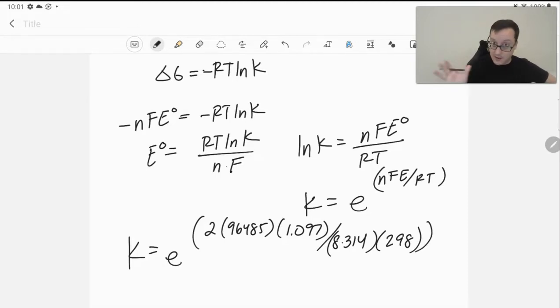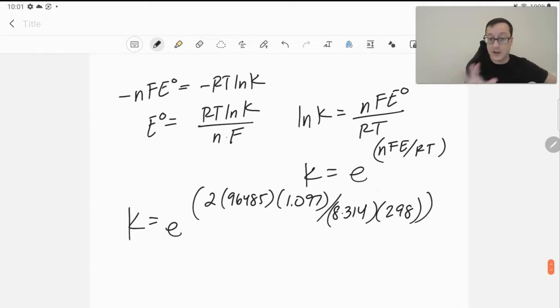Make sure you use a lot of parentheses on this because we have a lot going on in the exponent. Alternatively, do all this multiplication and division, and then do e to your answer. That's how I'm going to be doing it. So 2 times 96485 times 1.097. Divide this number by 8.314. Divide this number by 298.